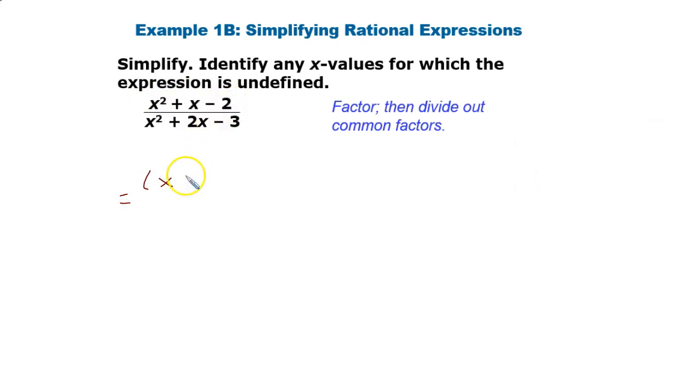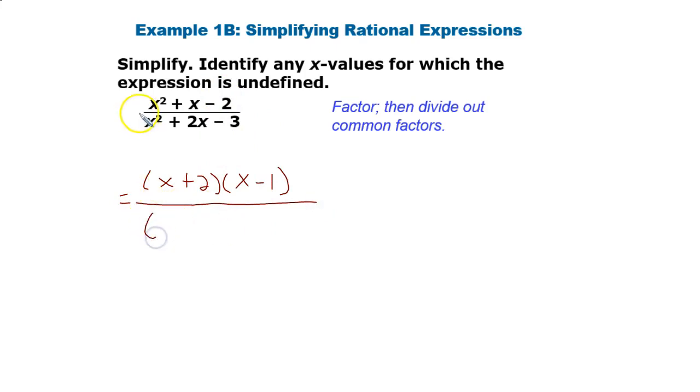If I plug in x plus 2 times x minus 1, first times first would give me x squared. Inside and outside, 2x minus 1x would give me 1x. And then 2 times negative 1 gives me negative 2. So I can kind of FOIL it out in my brain and check my work.